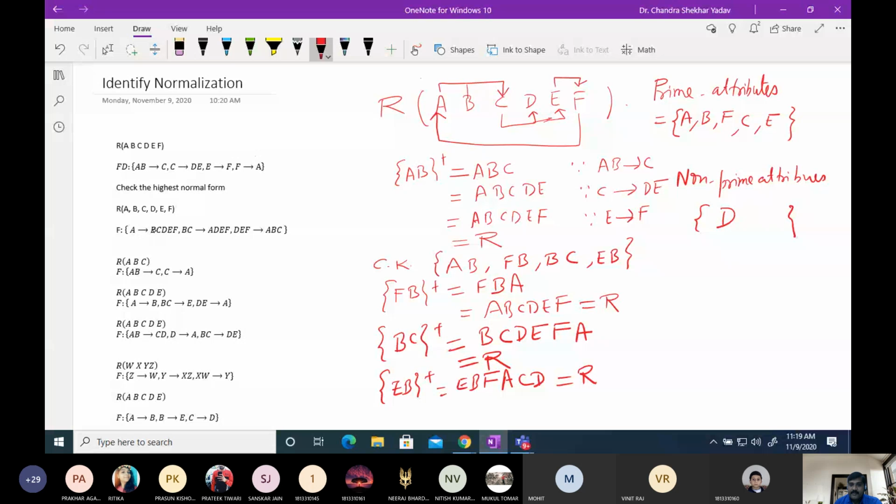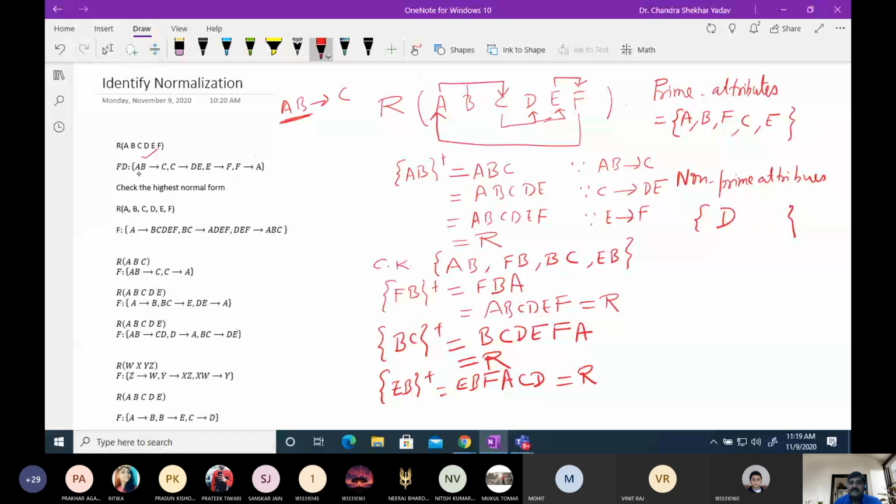So the first functional dependency is AB determines C, and the candidate key is AB. So here the left hand side is a candidate key. So this functional dependency satisfies the constraint of BCNF.